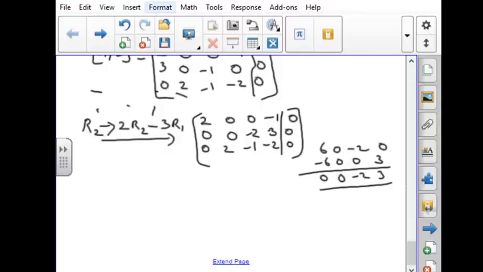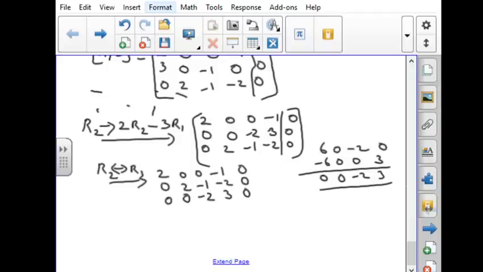Now the number of zeros is more in the second row than the third row, so we will interchange these. R2 goes to R3 and R3 goes to R2. So it is 2, 0, 0, minus 1, 0; 0, 2, minus 1, minus 2, 0; 0, 0, minus 2, 3, 0.